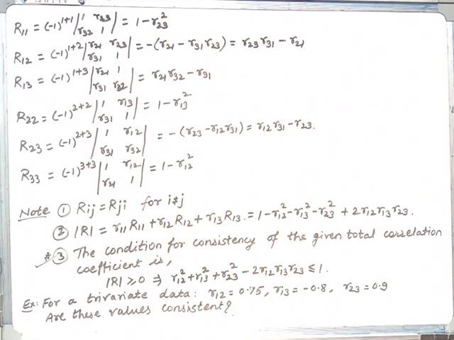Now next thing we have to see is Euler's notation. It is about the lines of regression. Okay, let's see that. Euler's notation.